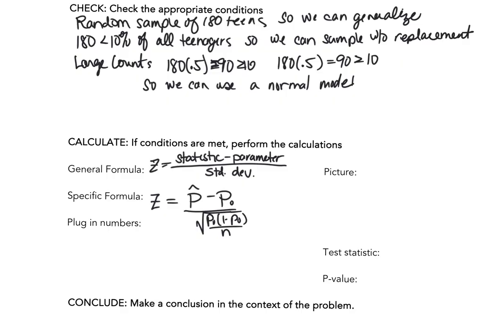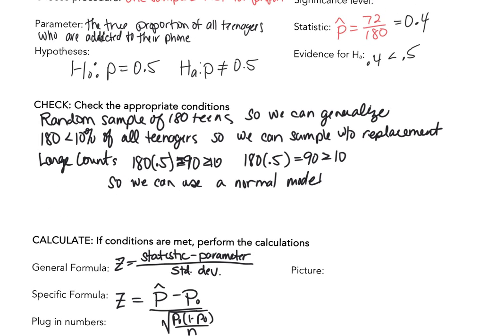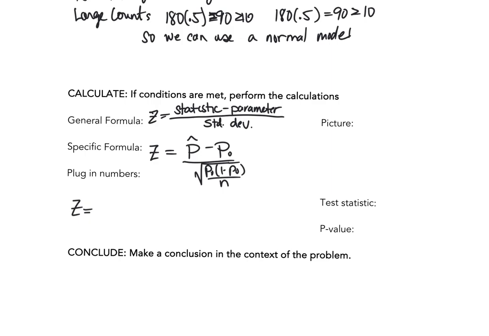And we'll plug in our numbers. Our proportion from the top there was 0.4. So p hat is 0.4 minus the hypothesis of 0.5 divided by the square root of 0.5 times 0.5 divided by 180. And we plug this into our calculator.